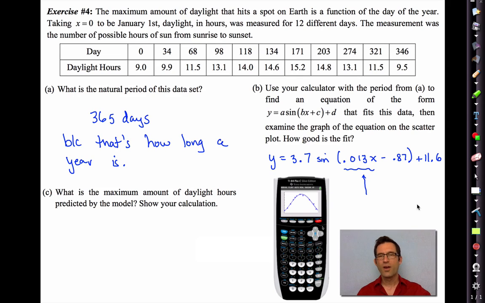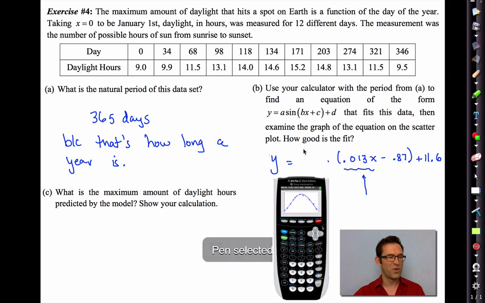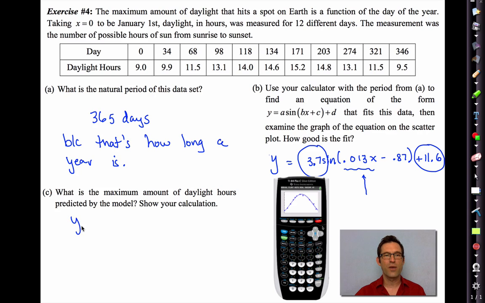All right. Well, this gets back to just that range idea. Oh, there goes my eraser. That was really weird. Y equals, let me put that back, 3.7 sine. So it really goes into that whole amplitude midline thing, right? We can always find the maximum output of a sine curve by taking my midline and adding my amplitude.